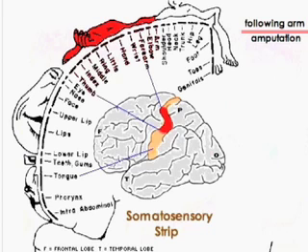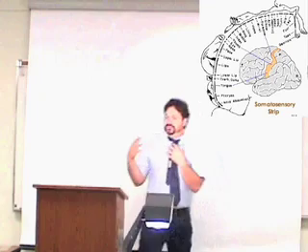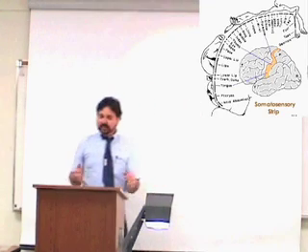They feel like the hand is sticking out of the shoulder. Why is that? Well, look how much is represented to the hand. So a person who loses their whole arm might have the phantom limb of the arm, but they'll definitely have the phantom limb of the hand, and they might actually feel like the hand is sticking out of their shoulder. And that's because so much is represented. So you get the phantom limb, very common.